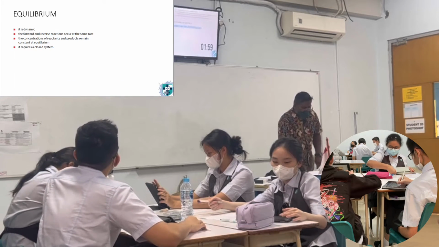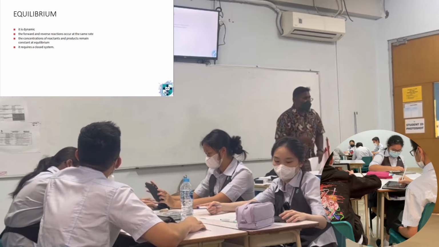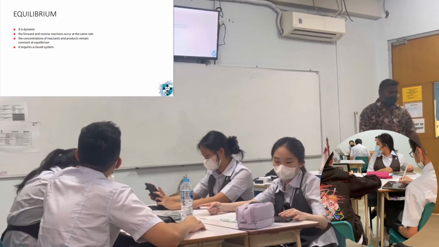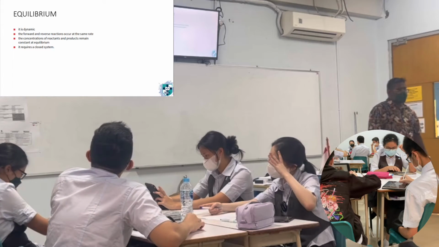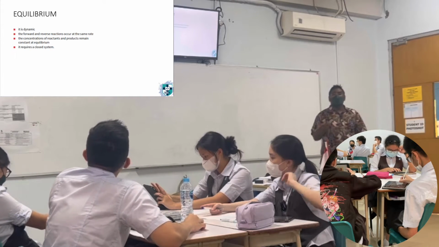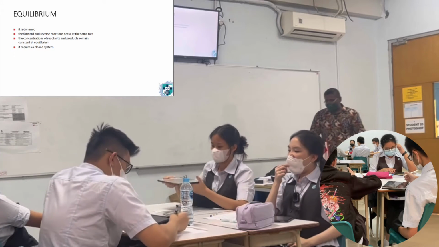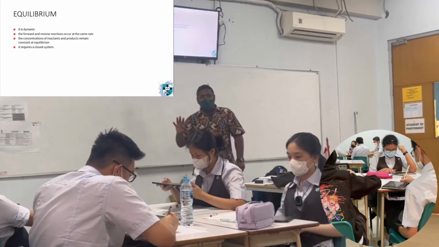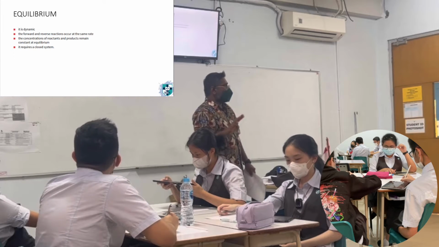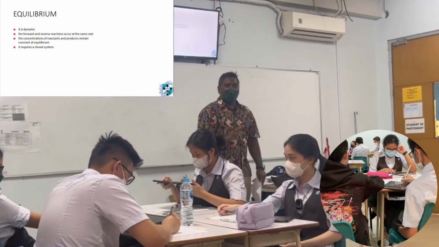We are already late. Now, you see here, when I mentioned a reversible reaction, it is a reaction where they are going to reach equilibrium. Equilibrium generally has 4 characteristics. Number 1 is dynamic.